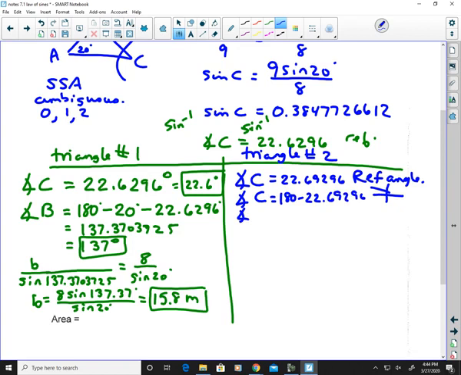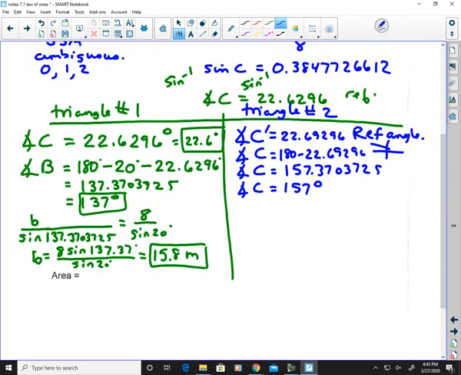Angle C, I'll put a little prime on that to say that that's really the reference angle. Angle C is, let's see here, 157.37. So I will call angle C 157 degrees, although I'm going to use the longer number when I do my calculations.